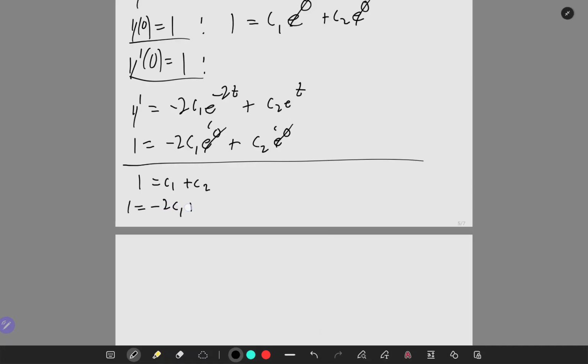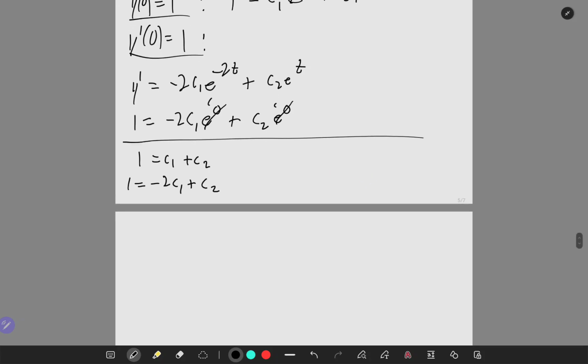So if you notice here, we have two equations, two unknowns, right? And so with these two equations, two unknowns, we're able to solve for c1, c2. So we can either use substitution, elimination. If you've taken linear algebra before, you can use a matrix. So I'll do elimination, right?